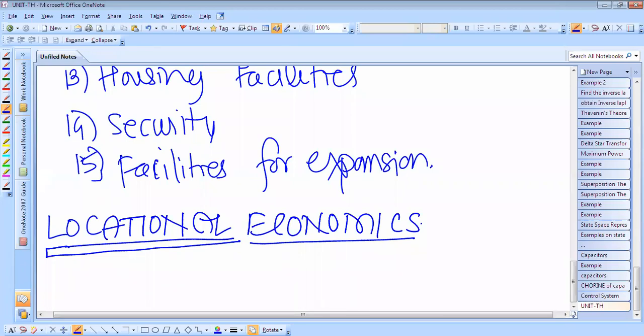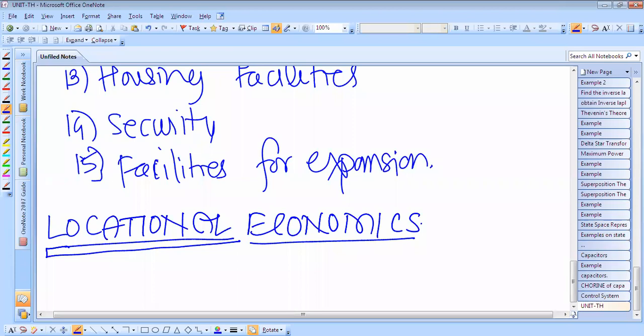So the ideal plant, we just discussed that no plant is an ideal plant, but even so, an ideal plant location is one which results in the lowest production cost. Okay, we have installed a plant where the production cost is low and the least distribution cost per unit.